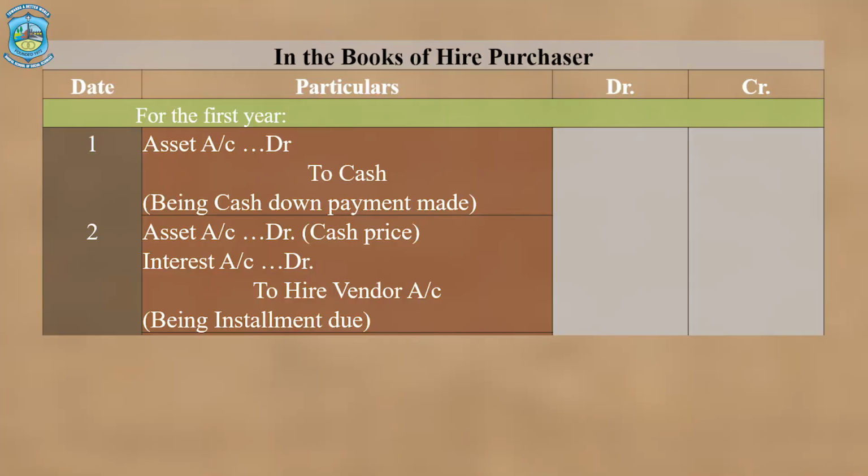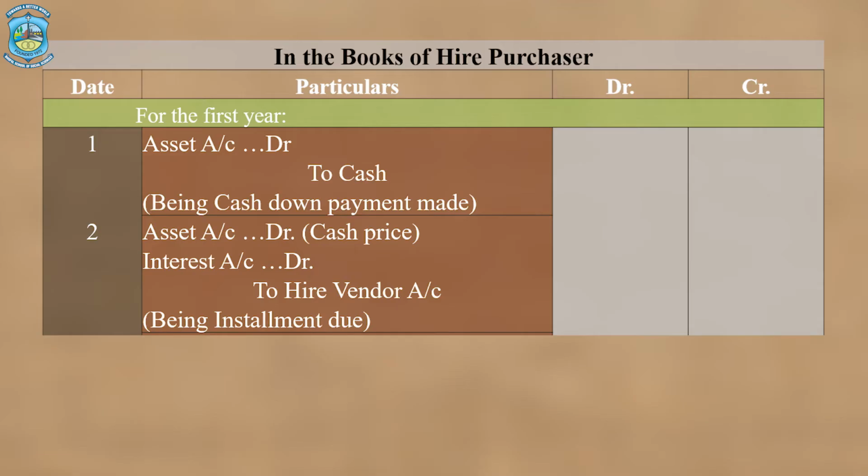So with the amount of the first installment, the entry would be asset account debited, interest account debited to hire vendor. Here the hire vendor is credited with the amount of the installment, interest is debited with the amount of interest included in this particular installment, and once you deduct the interest from the installment amount, you get the cash price with which the asset is to be debited. So this is the entry for making the installment due.